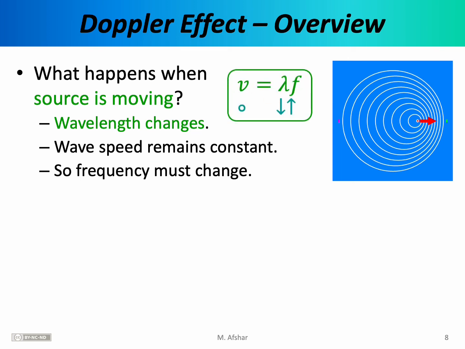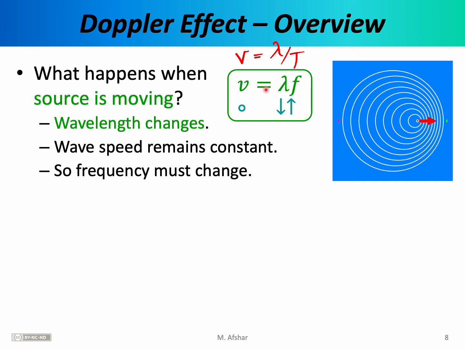You may have seen other versions of this equation in the past. We have mentioned that for all waves, not just sound waves, V is equal to lambda over T, where T is the period. Recall that frequency is simply 1 over the period, so these two equations are really the same. However, in the context of the Doppler effect, it's more convenient to speak about frequency and wavelength.